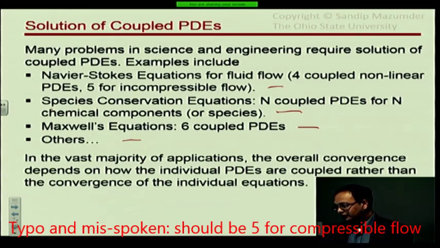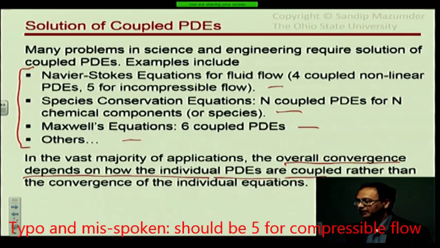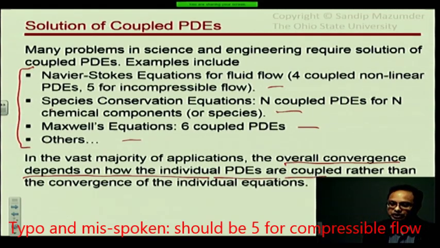In general, for these types of PDEs, or sets of PDEs, the overall convergence depends on how the individual PDEs are coupled rather than the convergence of the individual equations. So your convergence of Navier-Stokes will depend a lot on how well you couple U, V, W, and P, rather than how well you solve one of the momentum equations itself.